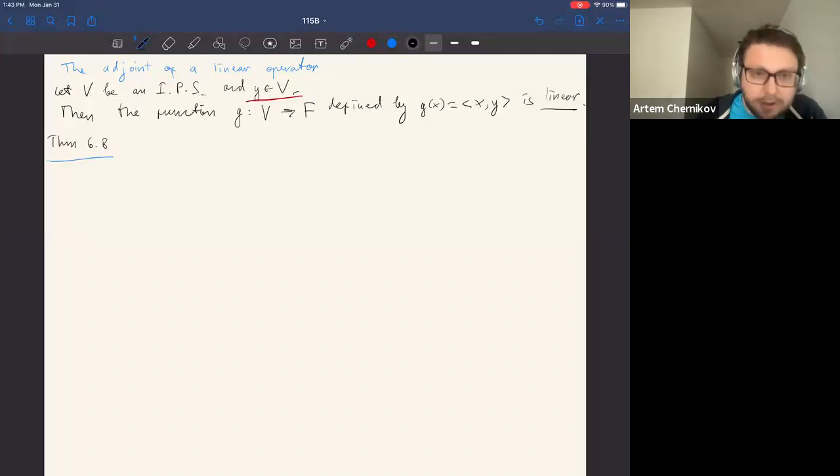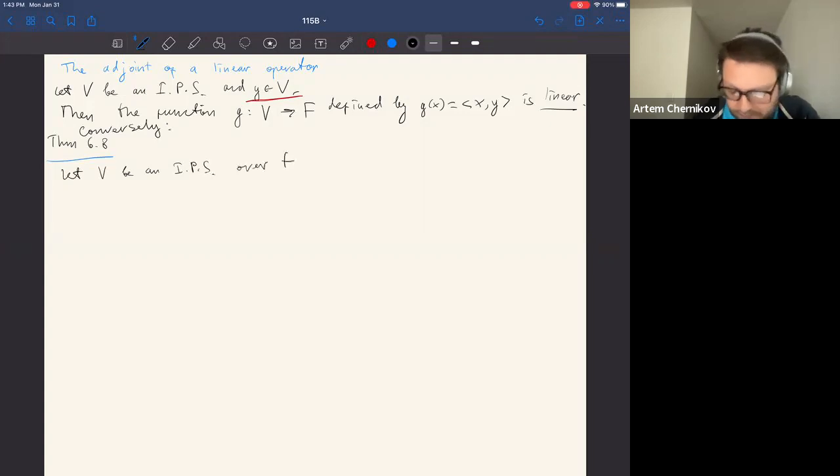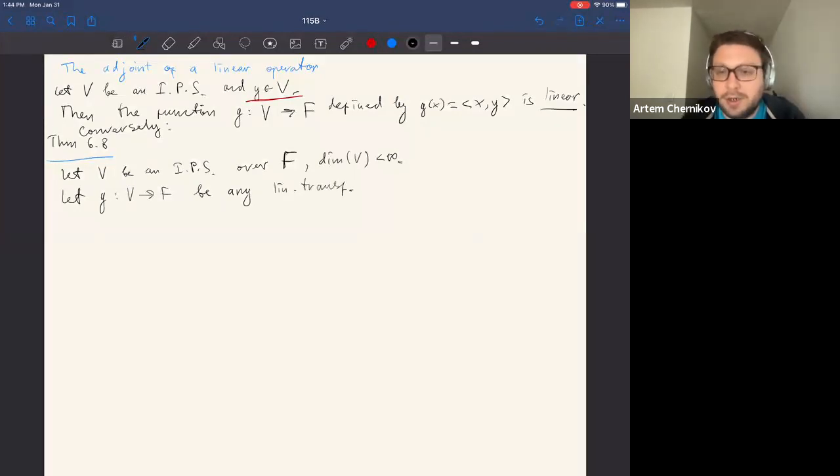Conversely, we have this theorem, which tells us that if V is an inner product space over some field of scalars F, either the reals or the complex numbers, and the dimension of V is finite, then assume I'm given any linear transformation g from V to F, or linear functional, as we call it sometimes.